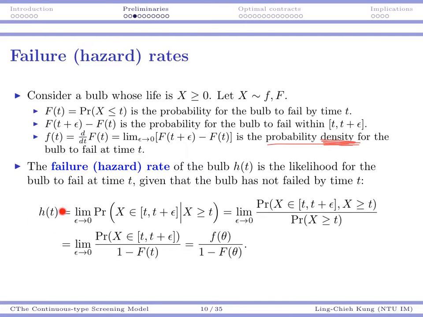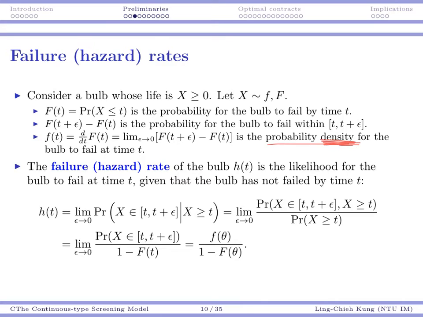But I don't want to just use f of t, because I know the bulb is good up to now. When I am at time t, I know this bulb has been good from 0 to t. So given this information, I want to ask what's the probability for X to be within t and t plus epsilon. That's the failure rate.